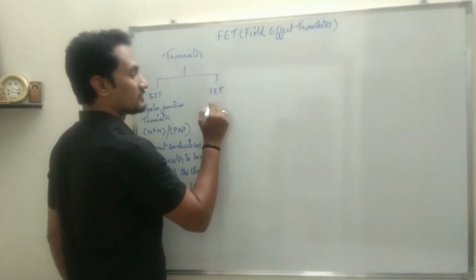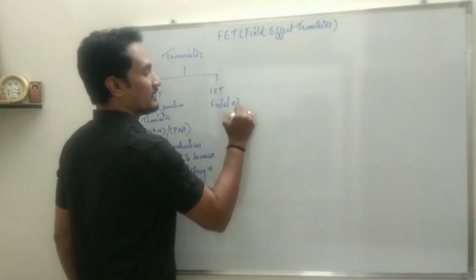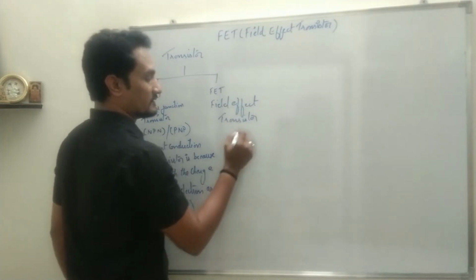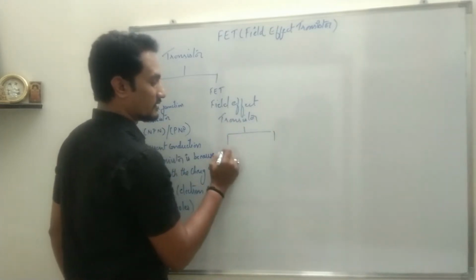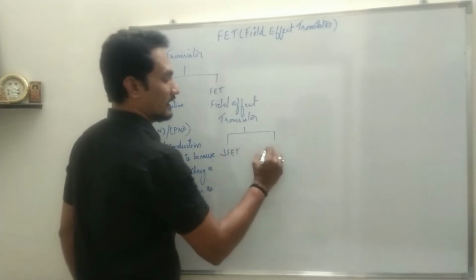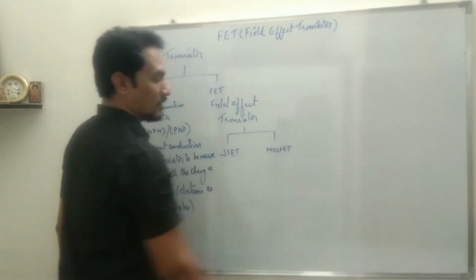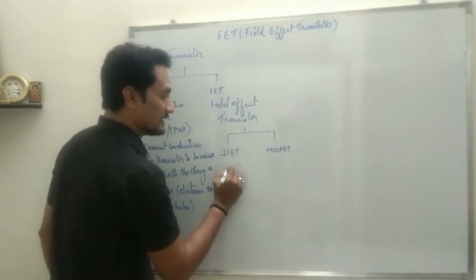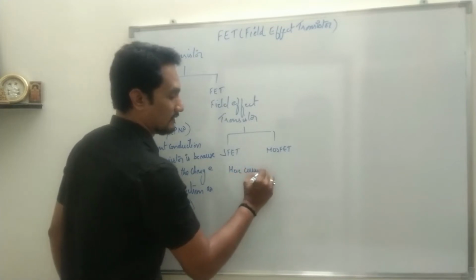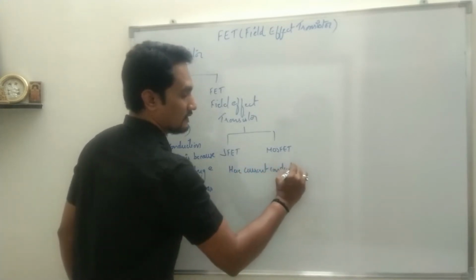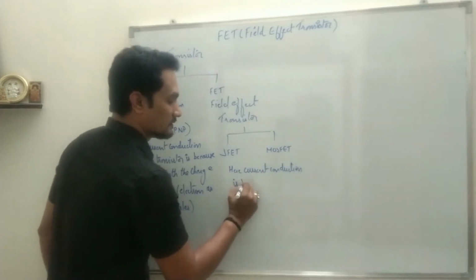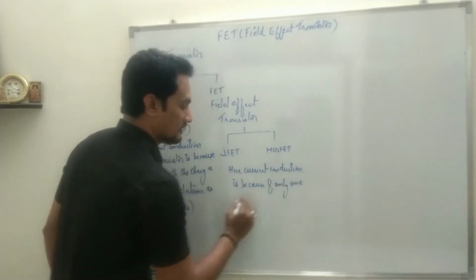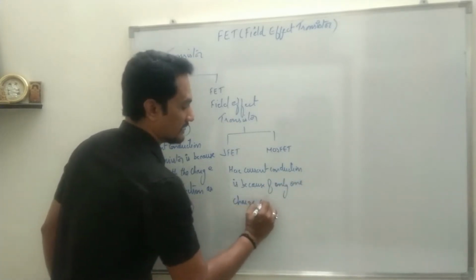Whereas this is called field effect transistor, and the field effect transistor is further divided into JFET and MOSFET. The basic difference between BJT and field effect transistor is that here current conduction is because of only one charge carrier.